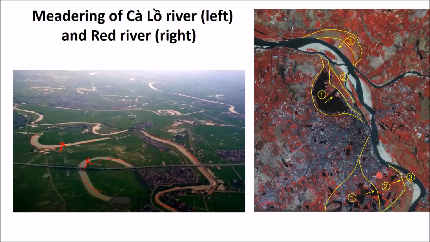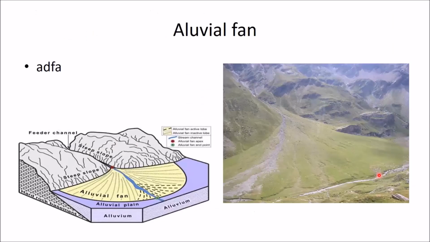That shows you how river processes occurred in the past. Now we can observe some features on the map and imagine how it occurred. I think it's a very interesting example for you to understand the behavior and processes of rivers.